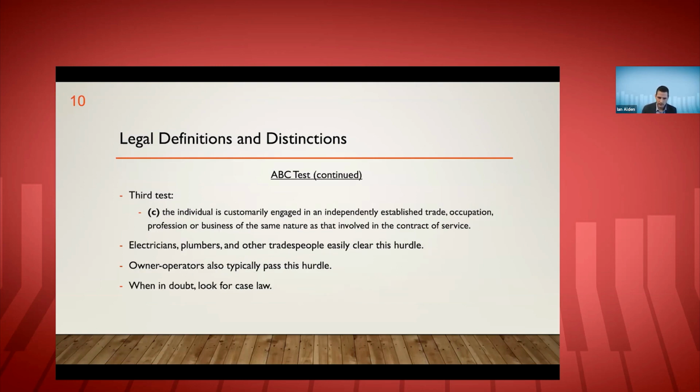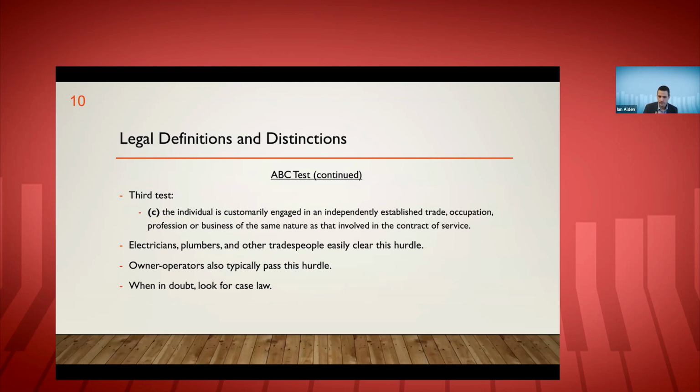And then the third part of the ABC test: in order to be an independent contractor, they have to be customarily engaged in an independently established trade, occupation, profession, etc. Independently established is a really interesting bit, because the state gets a little weird if you are getting them established into that trade or occupation so that they can service you and your company uniquely or exclusively.